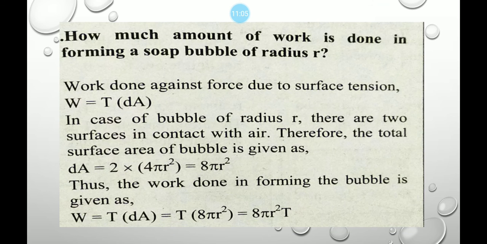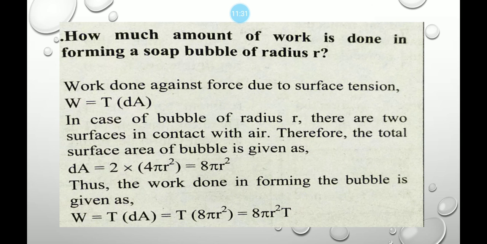Then next one is, how much amount of work is done in forming a soap bubble of radius r? This is a question bank question. Work done against the force due to surface tension, that is W is equal to T into dA. In case of a bubble of radius r, there are two surfaces in contact with air.